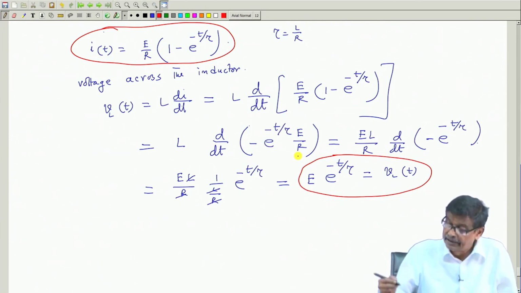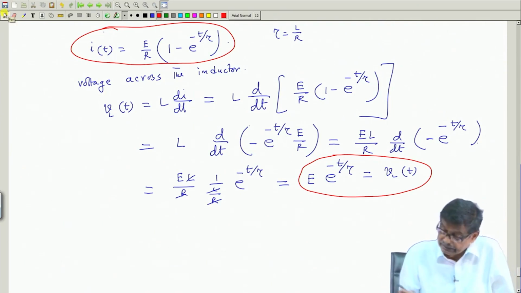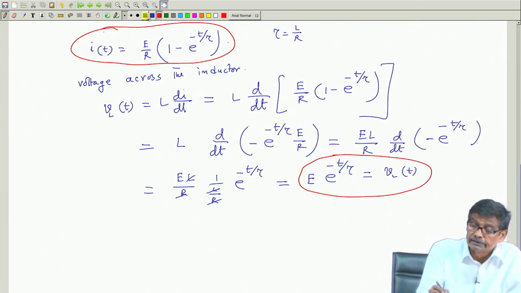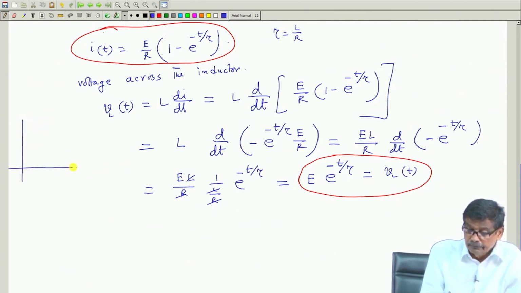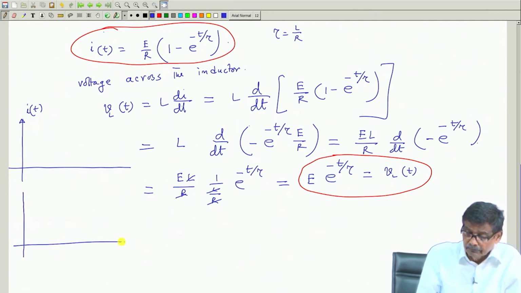If you sketch them one above the other, I sketch it like this: I(t) in the circuit, and also I would like to sketch VL(t) against time.